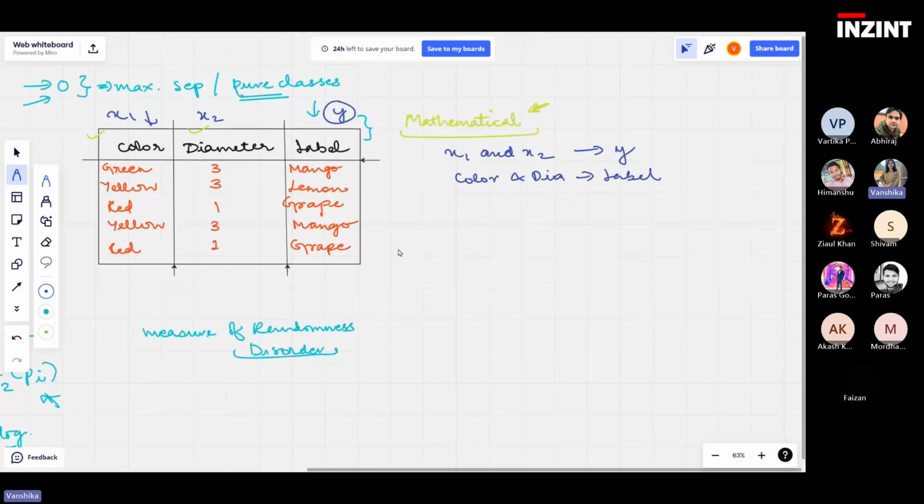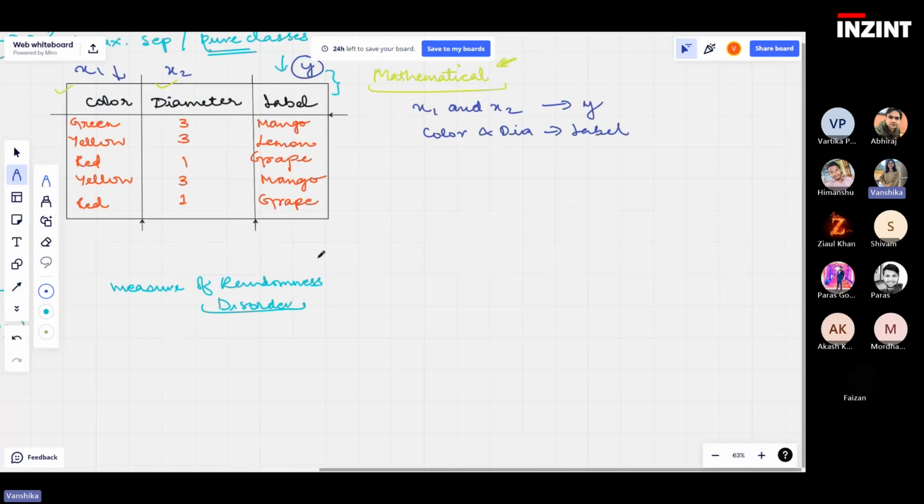Do you get it? One thing we did yesterday was we would look at the label and start dividing the data, and that was quite easy for us. But I also told you that if the data is quite large, then it is not possible to just look at the data and start splitting the tree. Also, here I have two parameters, color and diameter. How should I decide which parameter should be at my root?